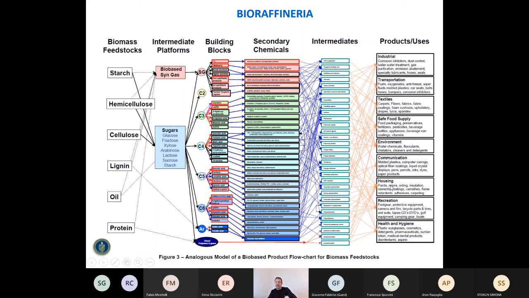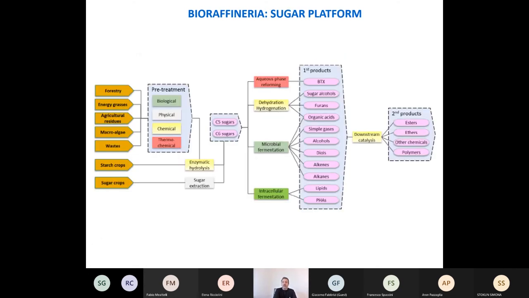This is the biorefinery concept, and you can apply it to a lot of feedstock. For example, this is a very commonly considered biorefinery typology, the sugar platform.